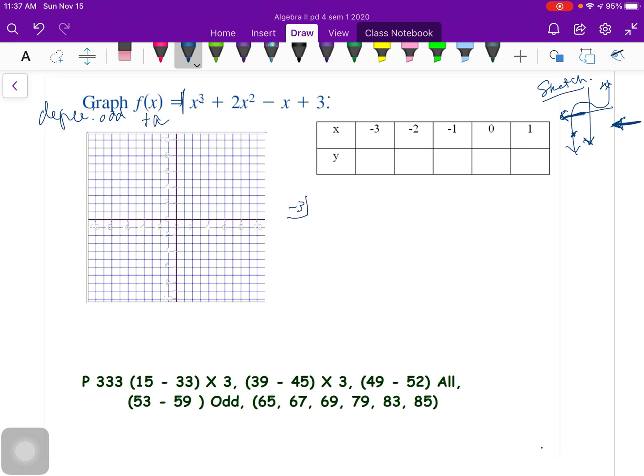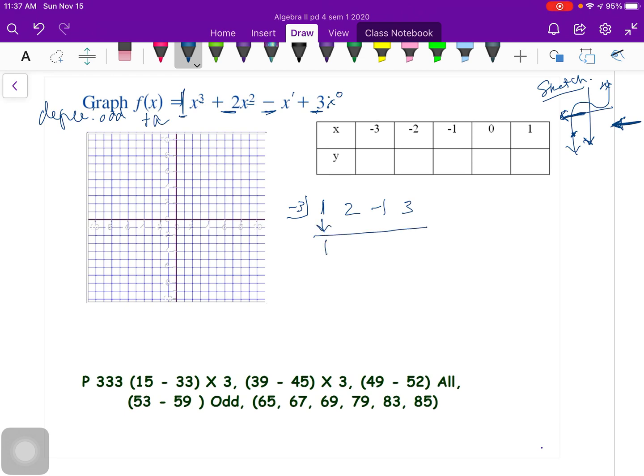So -3 goes in my divisor box. My powers are 3, 2, 1, and 0, so all accounted for. The coefficient of the cubic is 1. The coefficient of the quadratic is 2. The coefficient of the linear is -1. And the coefficient of the constant is 3.